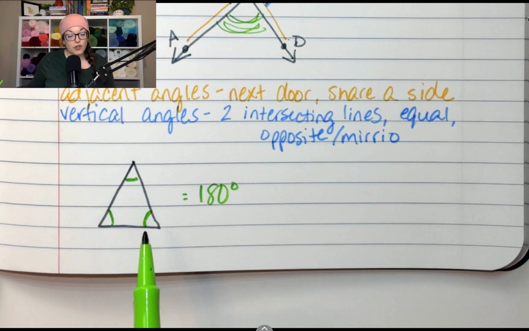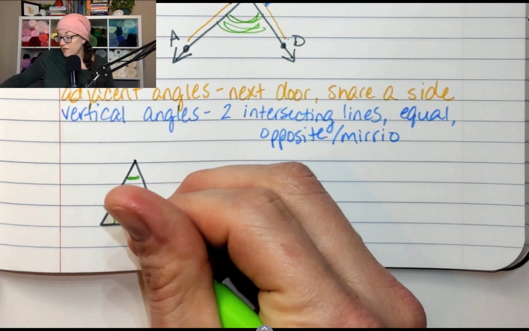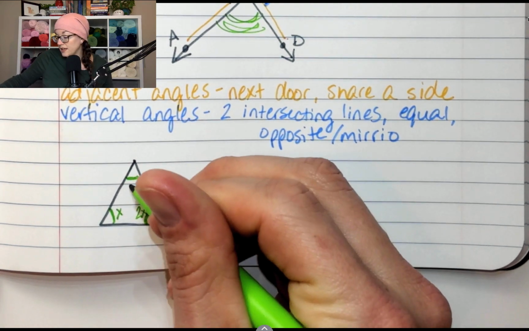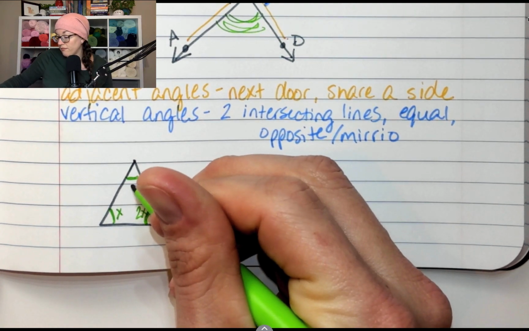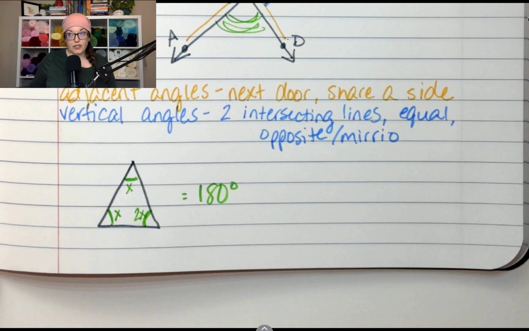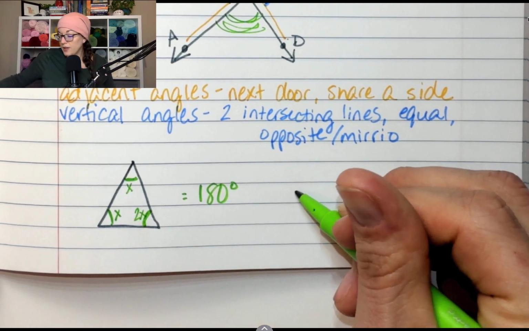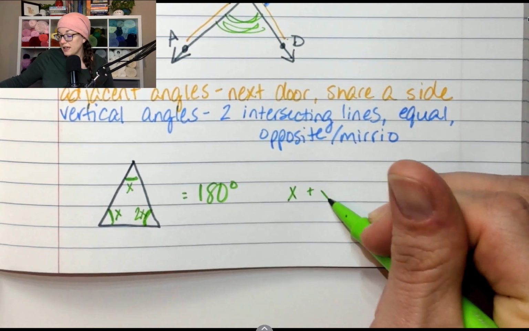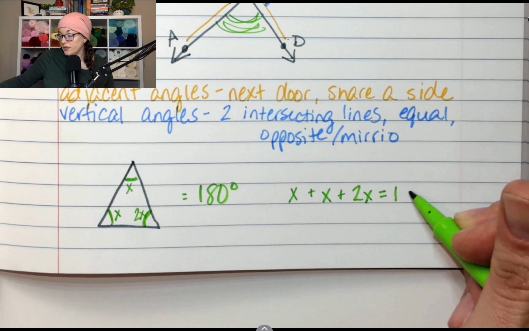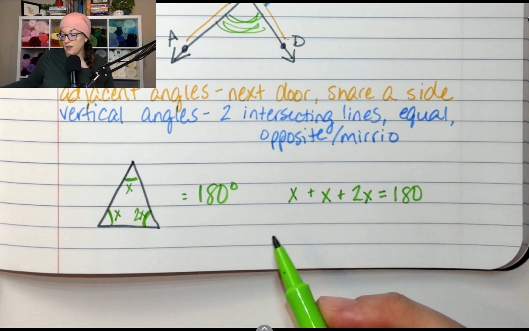You may have to solve for a missing angle. So if this is x, 2x, and, I don't know, x again, just because I know this will work out. So you would have x plus 2x plus x equals 180.